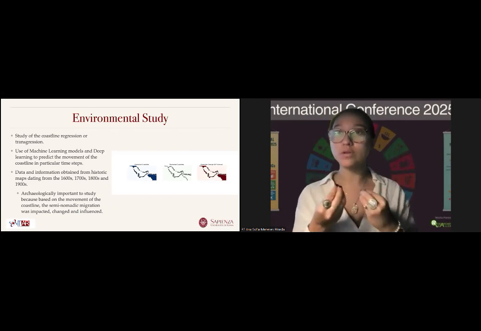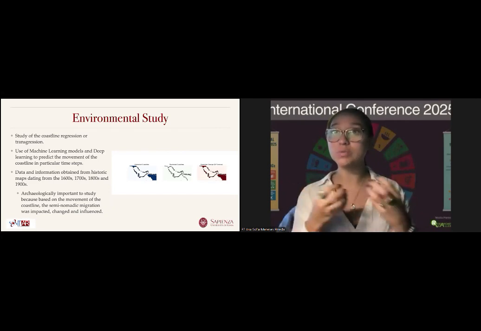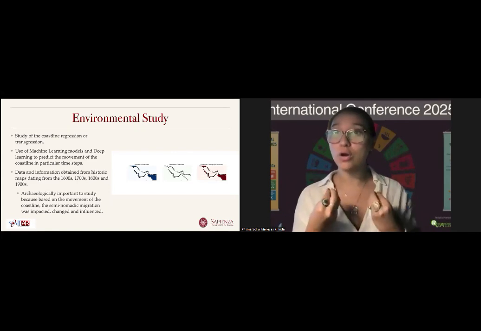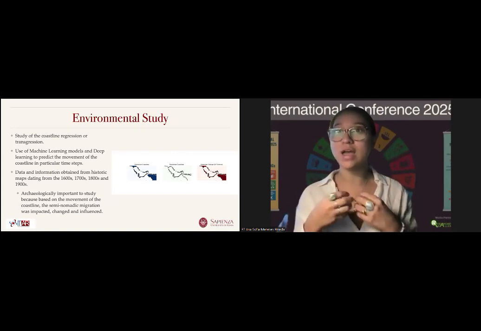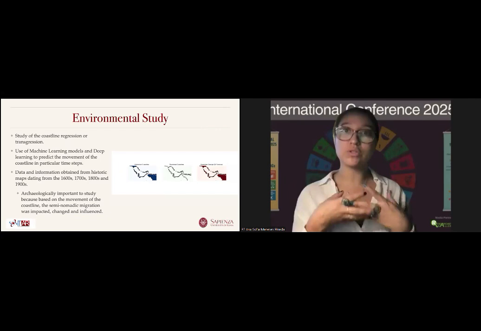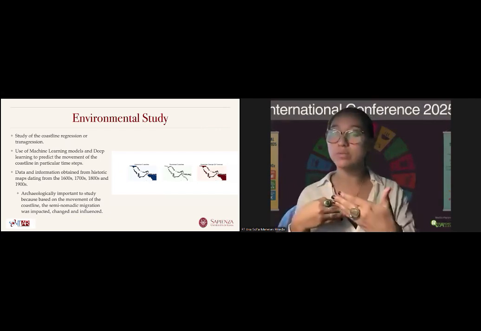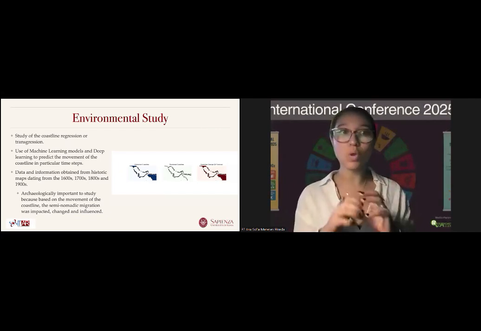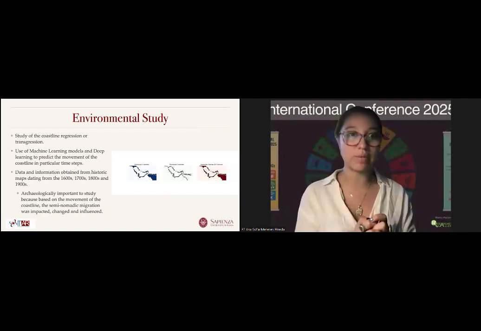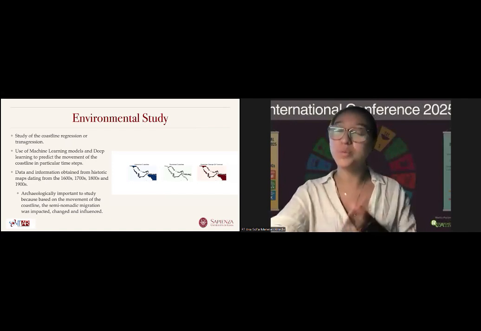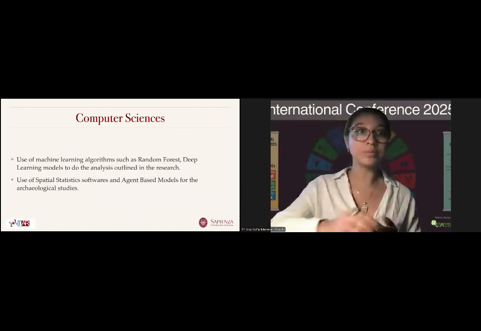So the movement of the coastline meant that the settlements were changing and that there were new adaptations and new techniques. So we're trying to see how much this coastline really moved to understand what sort of adaptations they managed to put in place in order to sustain their way of life.